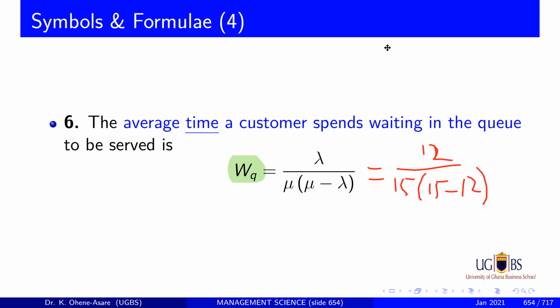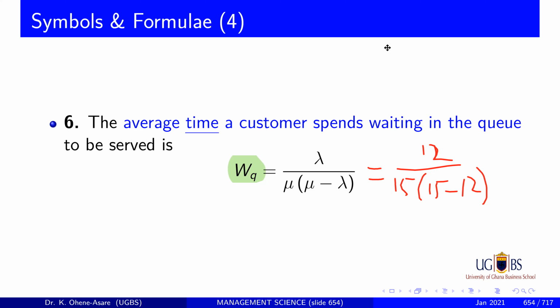So this is it. And then you just take your calculator and punch. Okay, 15 times 3 is 45. 12 by 45 will give you the waiting time. But you see, the waiting time will be in hours. And you can later convert it into minutes.